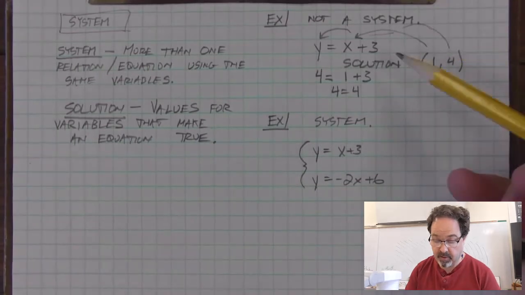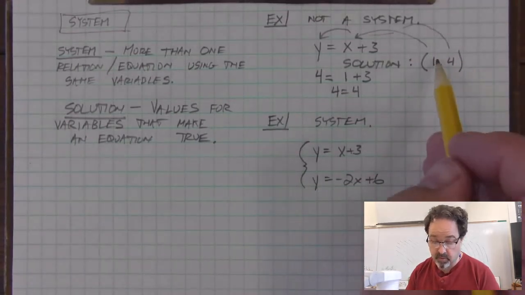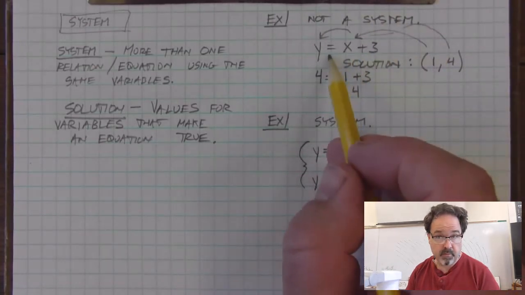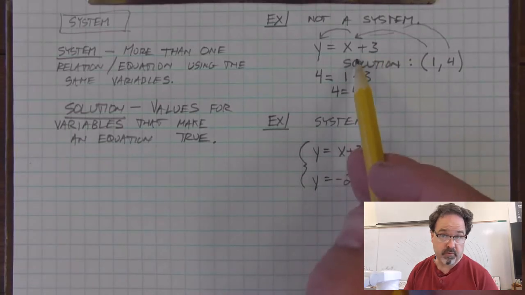In this example, we had a single equation, and we found values that, when substituted in for the variables, make the equation true. This equation has many solutions.